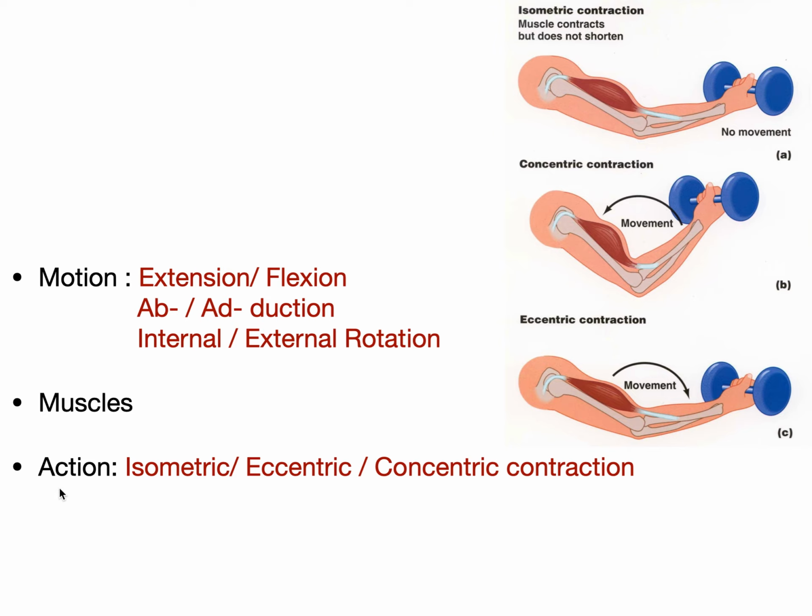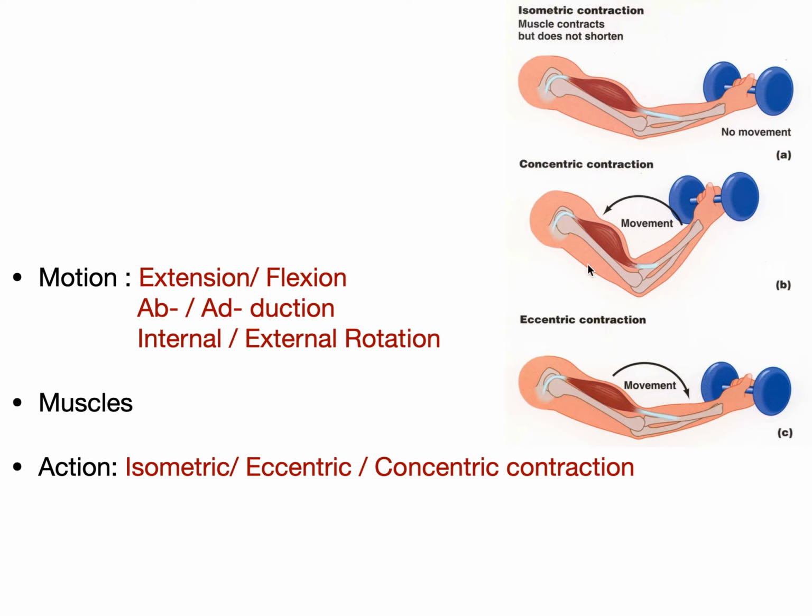And for action, there are three categories: isometric, eccentric, and concentric contraction. Concentric contraction means that when you contract, the muscle is shortening. For example, when you're doing a bicep curl and the dumbbell is going up, that's concentric, because the bicep is shortening.